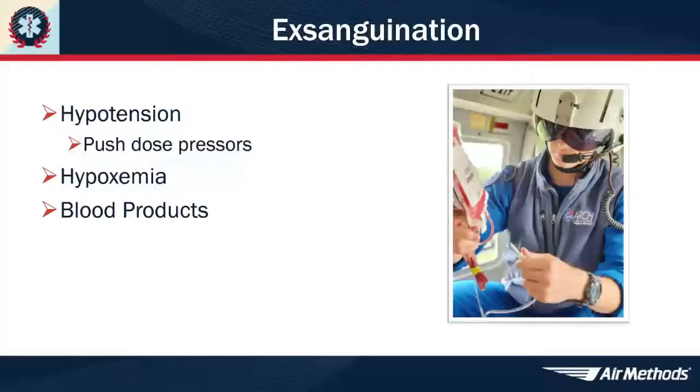Give them some fluids. Blood products, if you have them, is even better, and try to refill the tank, and then we're going to talk about squeezing the tank or putting pressors on them, push dose pressors, to get that pressure up so that they don't code on us.